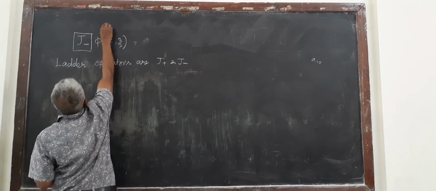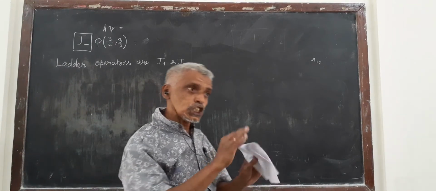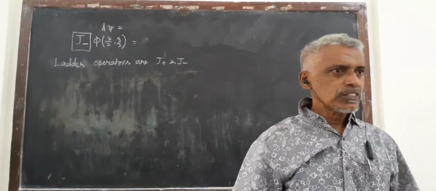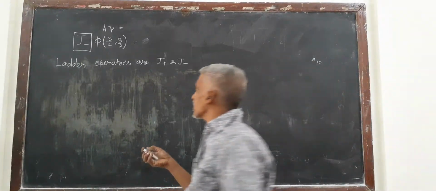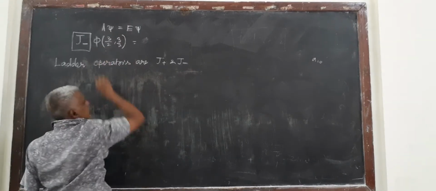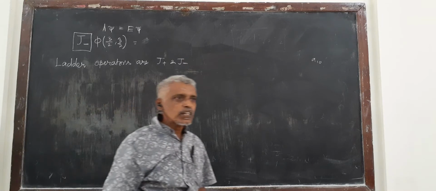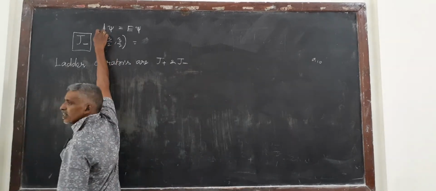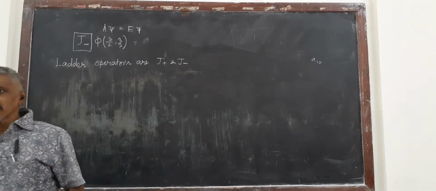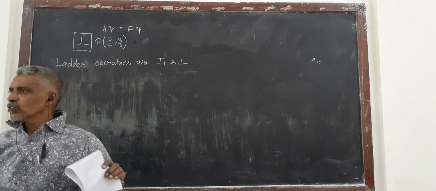As you know well, A psi is equal to, in general, A psi is equal to E psi, and anything, right? A psi is equal to E psi, right? The psi is this one, and E is the eigenvalue you have. How many times I told you? Again and again I am repeating it. You must now have a thorough comprehensive understanding.